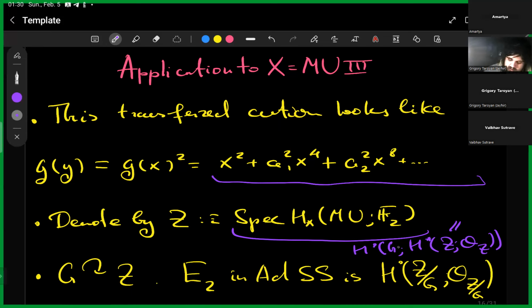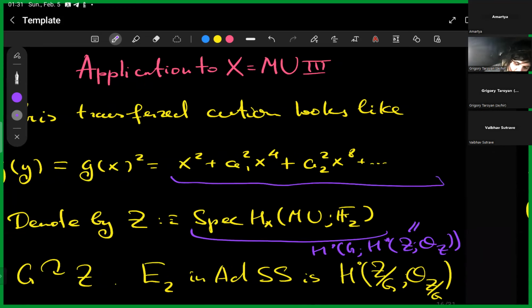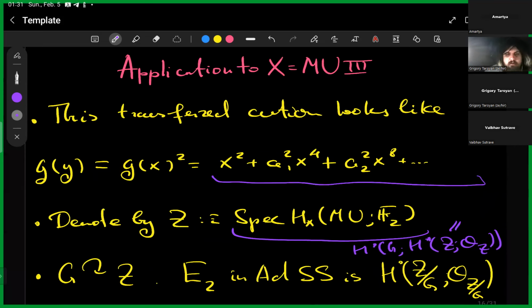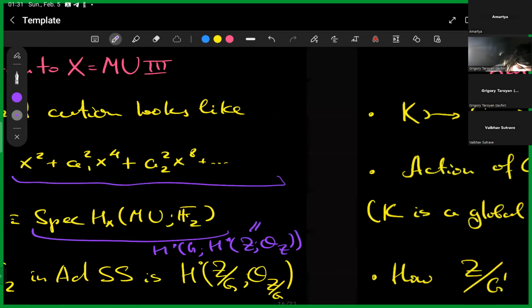So the fact that cohomology of the group is equal to cohomology of the quotient stack is basically purely formal. And so our goal is to understand this quotient stack. So we want to understand something about the second page of the Adams spectral sequence for MU, and we do this by investigating this quotient stack.